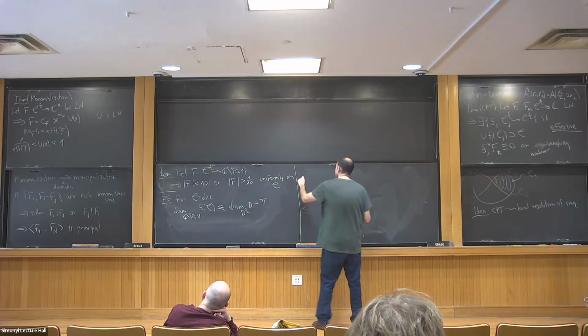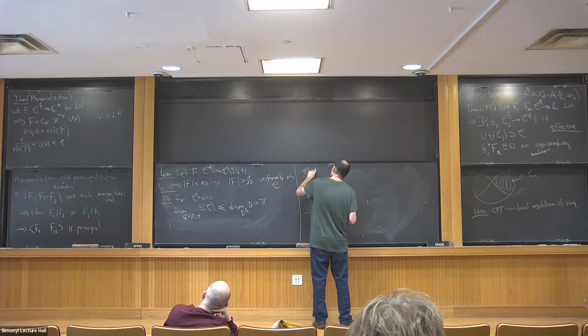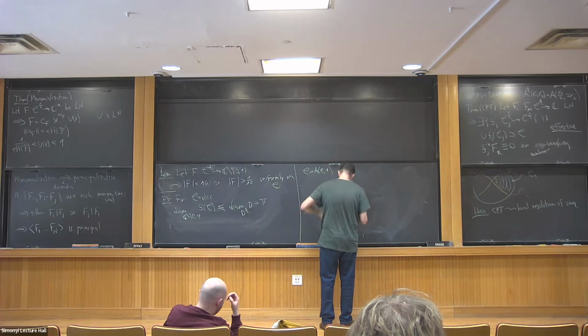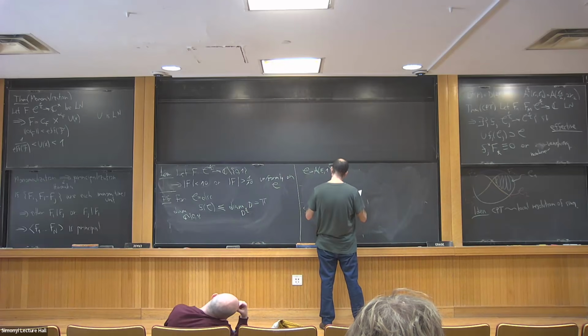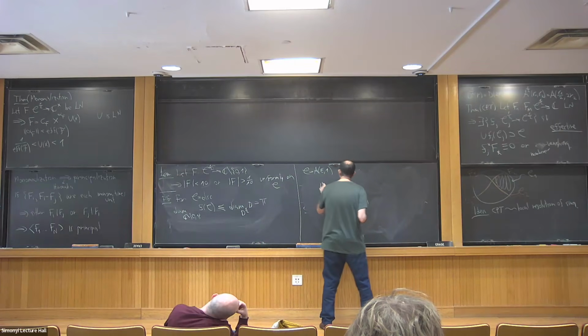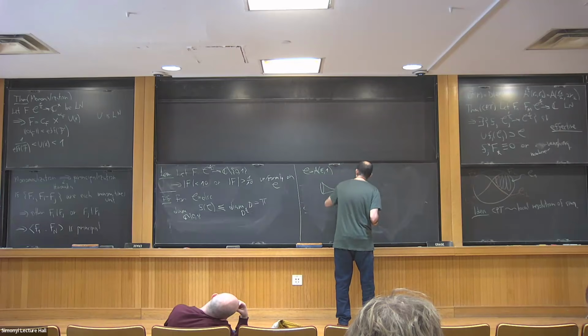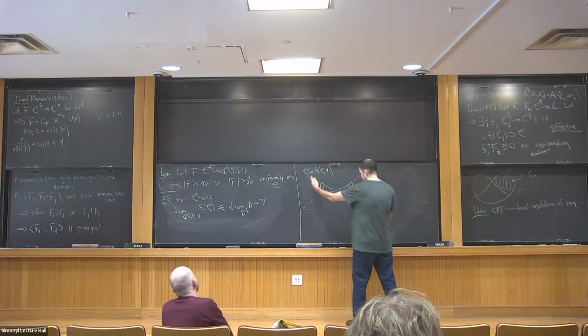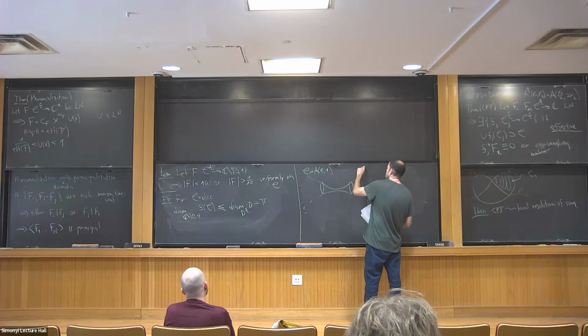Okay, so let me show you what happens for an annulus. Let's say you take an annulus between epsilon and 1. So I want to draw the annulus. So like this bigger annulus, that's D1/2.